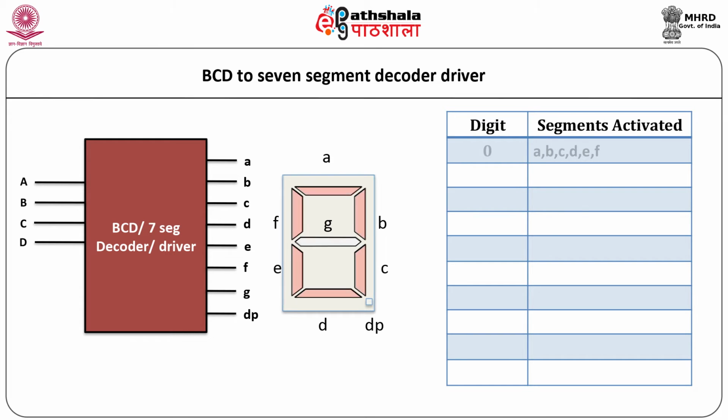For displaying 0, LED segments A, B, C, D, E and F must be activated and segments G and DP are off. Let us now find out activated segments for displaying digit 1. Here only B and C segments must be activated and other segments are deactivated.